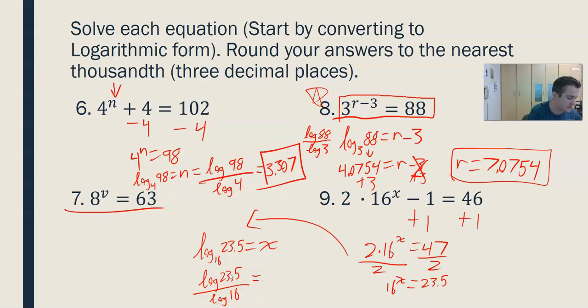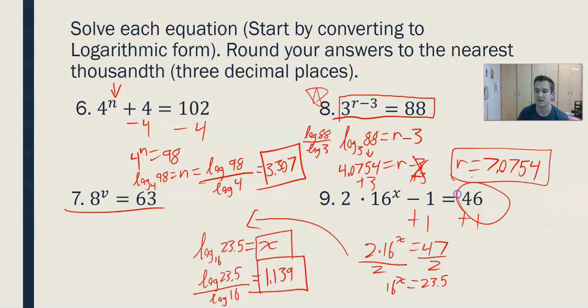And log of 23.5 divided by log of 16 is 1.139-ish. So that's my x value. x equals 1.139. If you type that in your calculator, 16 to the 1.139 power times 2, subtracted by 1, will give you 46.